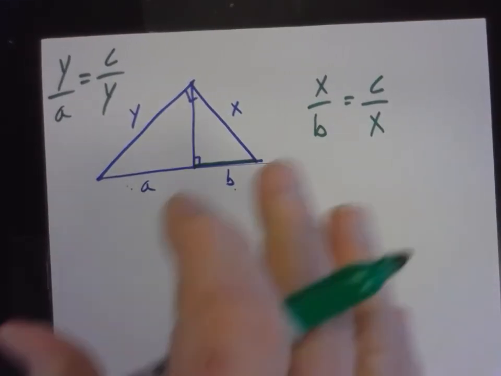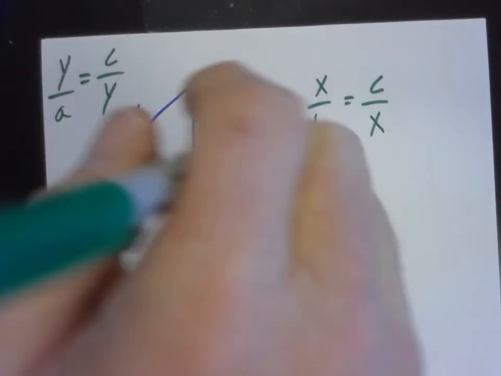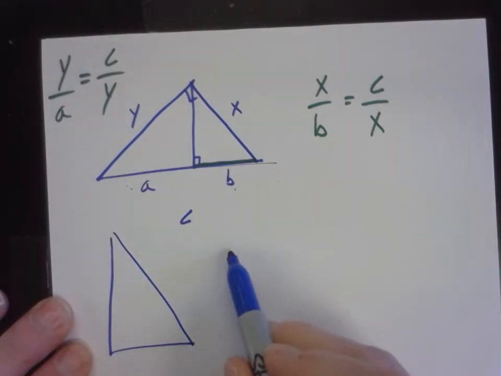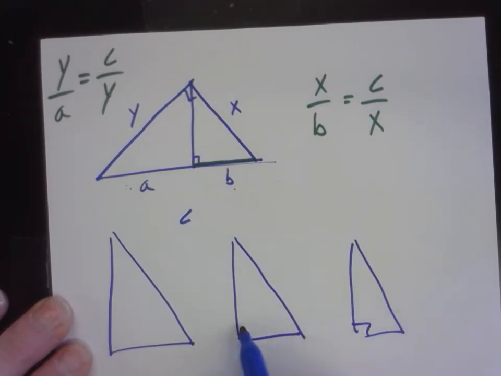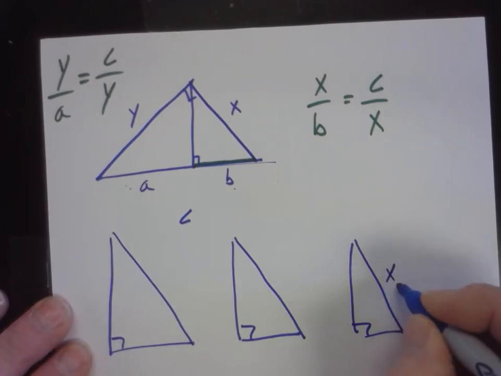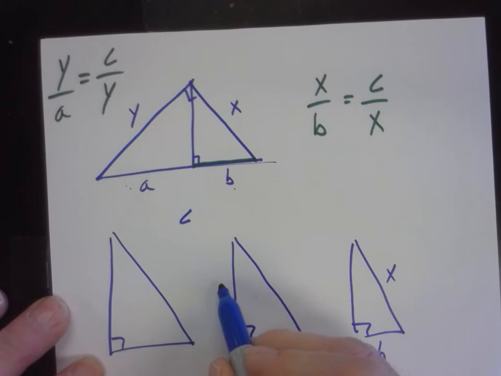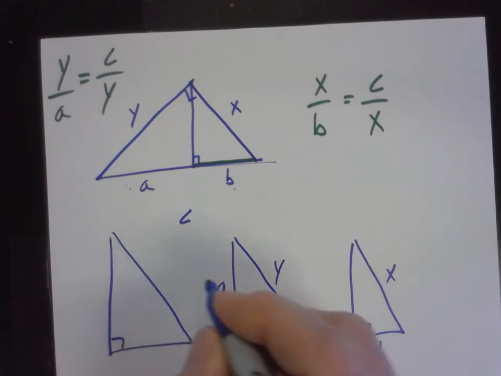Now I can show you this if I drew all three of the triangles. If we drew out the big triangle and the medium triangle and the little triangle, the little one is X and B, and the medium one is A and Y right there, and the big one, the hypotenuse is C, right?